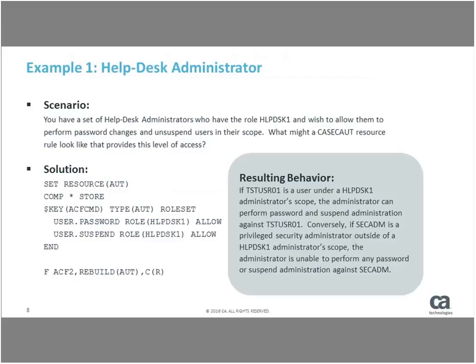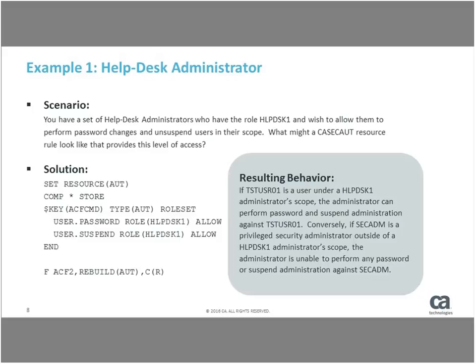At the bottom here, as you can see, we have just the output from the command of what might be used to control this level of access. As you can see, we have the ACF command.user.password and user.suspend resource entities, which enable any user with the role HLPDSK1 to change passwords for a user or unsuspend them for all users in their scope.